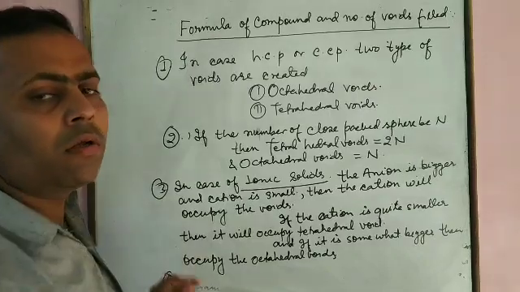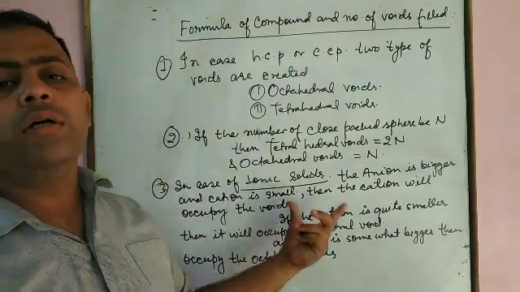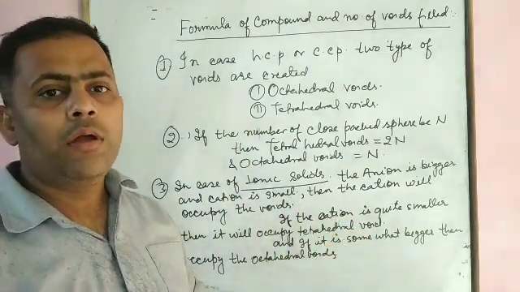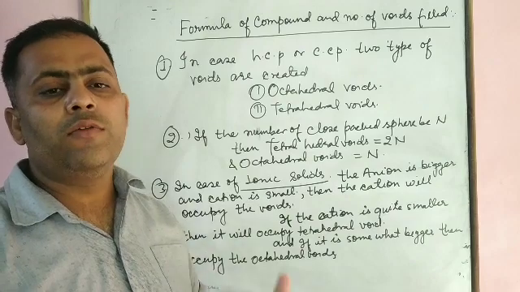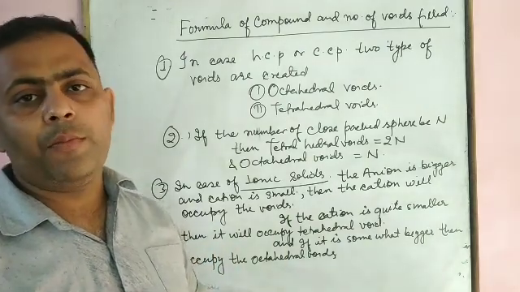So the next one, in case all the tetrahedral or octahedral voids are not occupied, a certain percentage of the octahedral and tetrahedral voids are occupied. It is based on the formula of the compound.